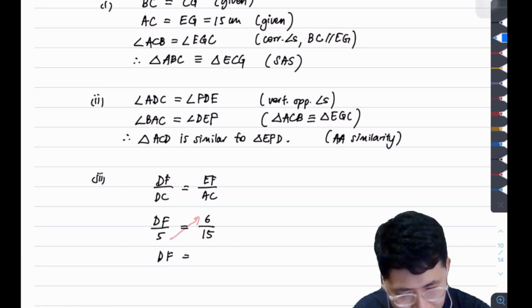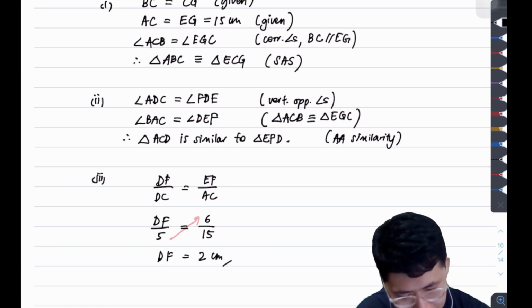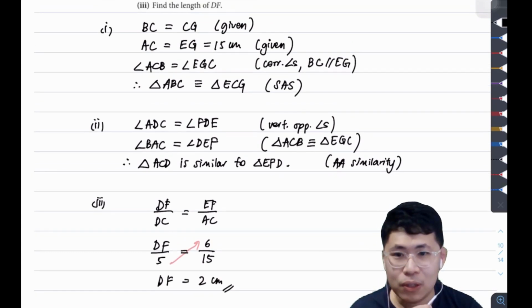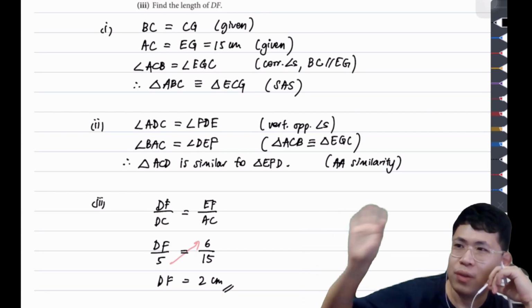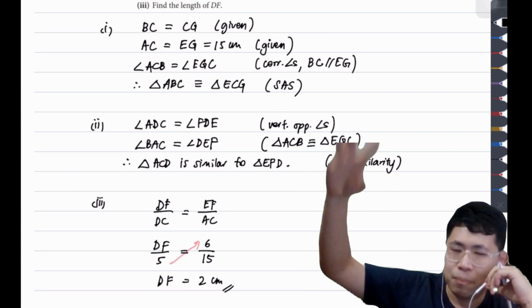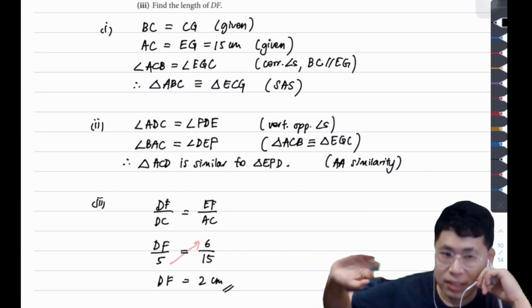So you press your calculator, I should be getting a 2 cm. Okay, so this is how we do questions involving congruence and similarity. Right now we need to be aware that if we are showing congruence, the angles in part A can also be used in part B, and so on, and vice versa.